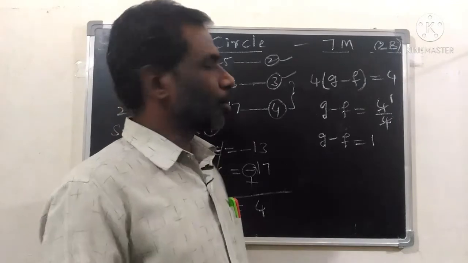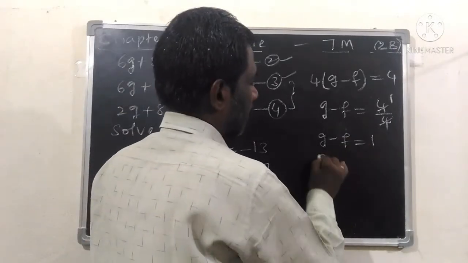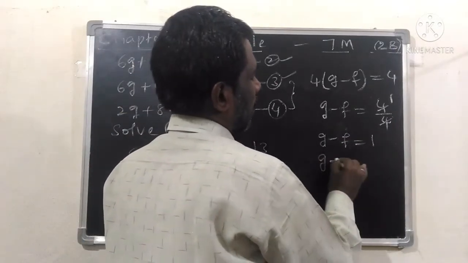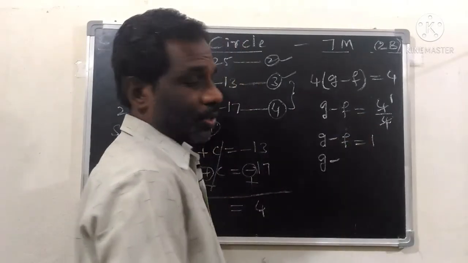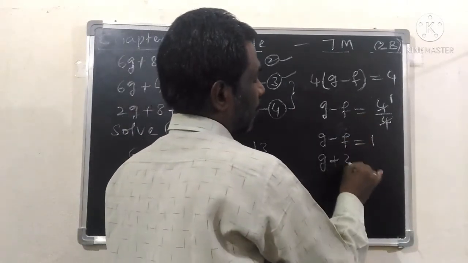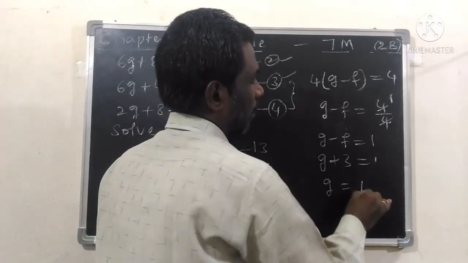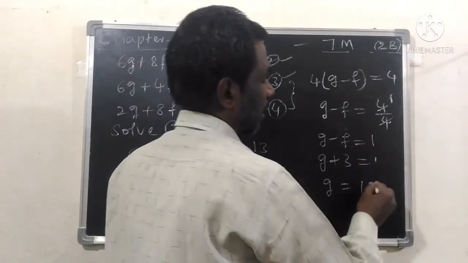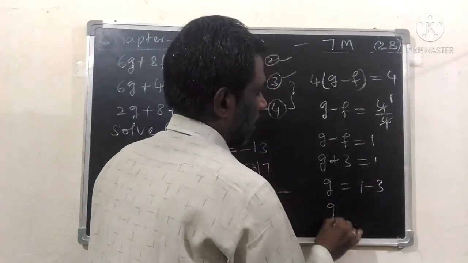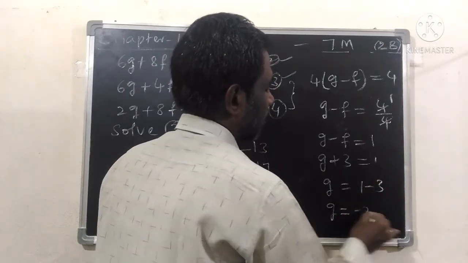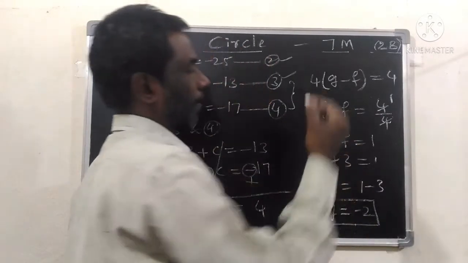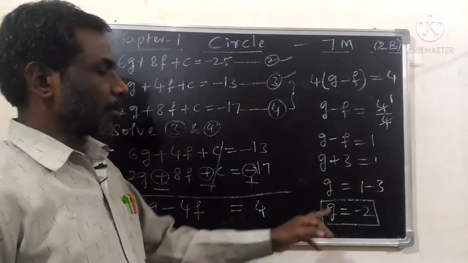Now I am going to substitute the f value, which is minus 3. Then minus into minus is plus 3, so g plus 3 equals 1. Plus 3 taken to the right side becomes minus 3. Now g equals minus 2.